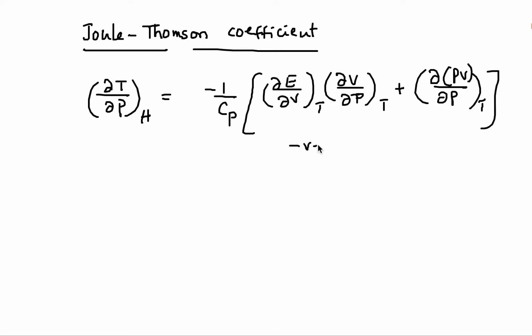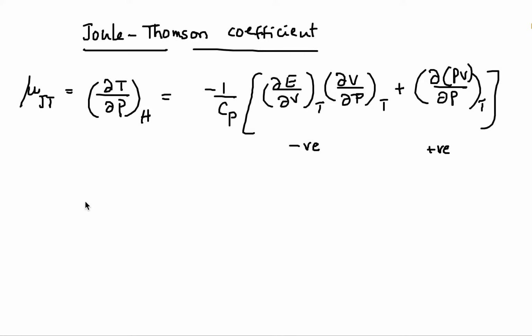What happens is that the value becomes smaller, and that makes mu JT, the Joule-Thomson coefficient, become smaller and smaller and finally reach 0 at some point. And that point is known as the inversion temperature. So let's see how it works out.